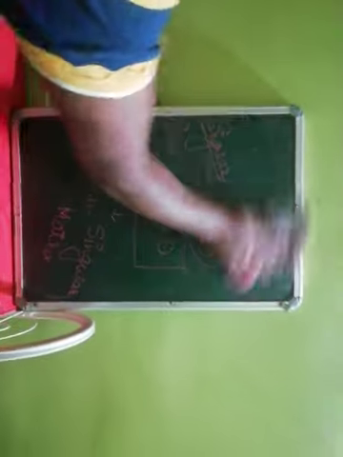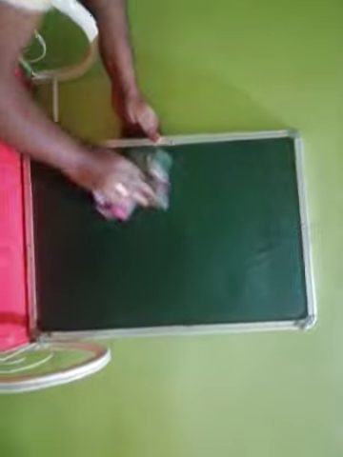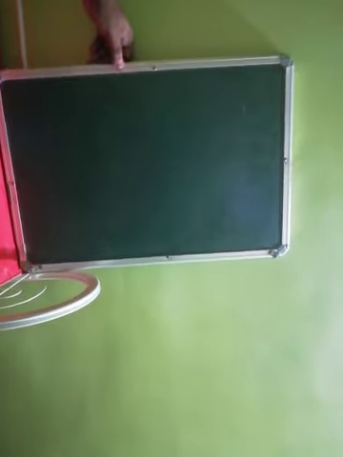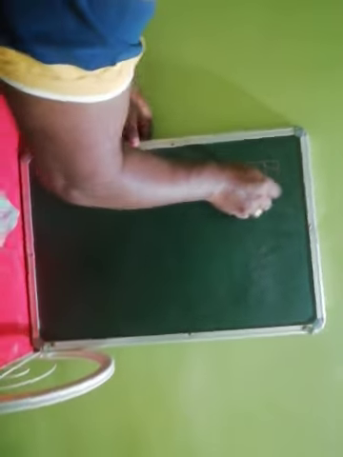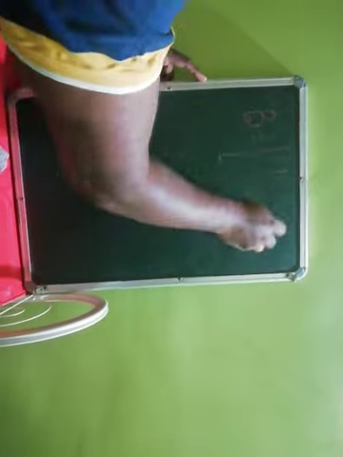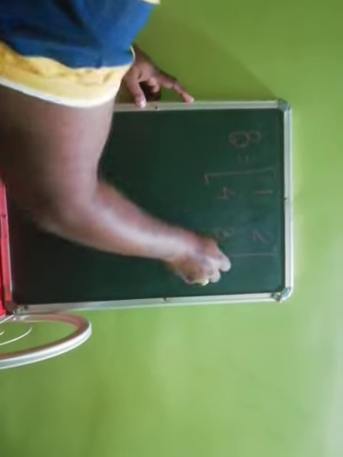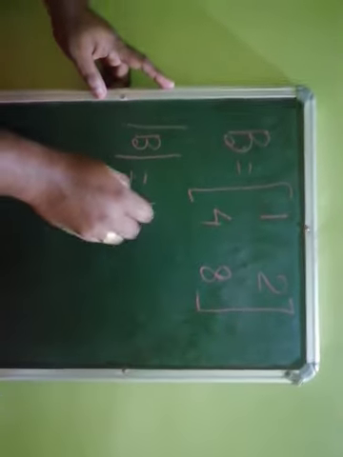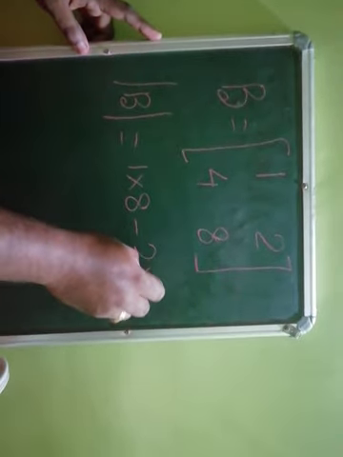Let us take an example. This may be a 1 mark question. You may have a question to check whether the given matrix is singular or not. For example, we have a matrix B, a square matrix of order 2, that is 1, 2, 4, 8. Let us find the determinant of B, that is 1 into 8 minus 2 into 4.